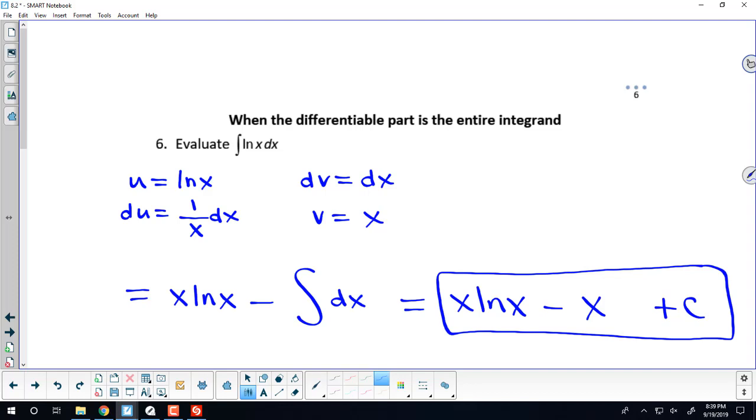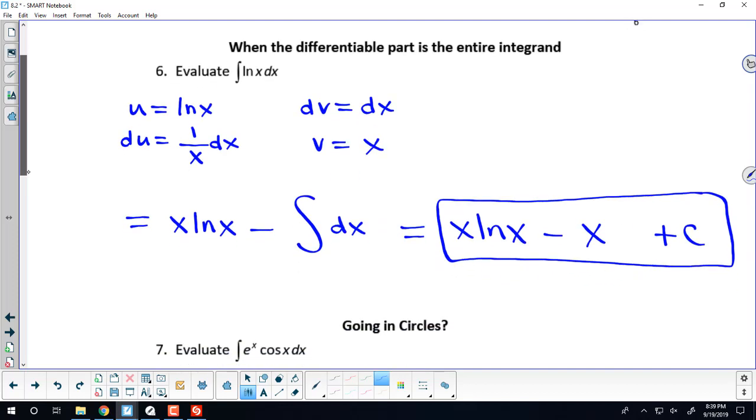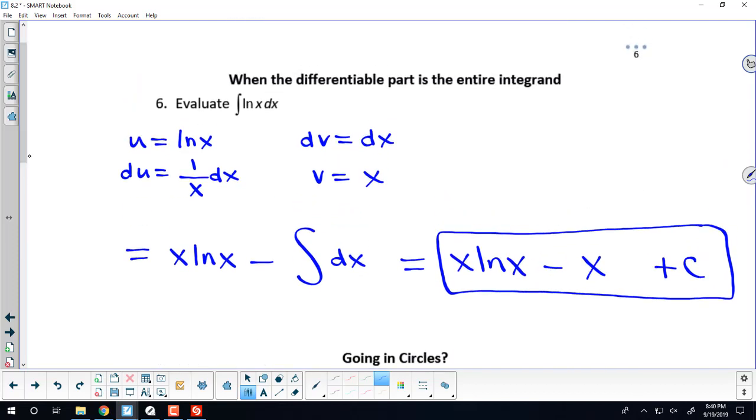So how would you do that with the tabular method? Those kinds of problems are kind of tricky with tabular integration. But here we go.